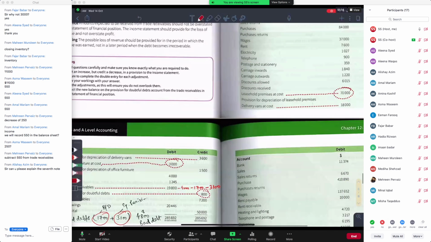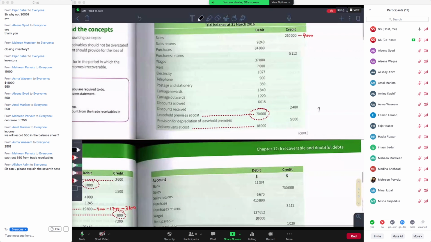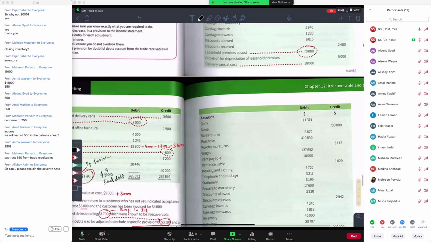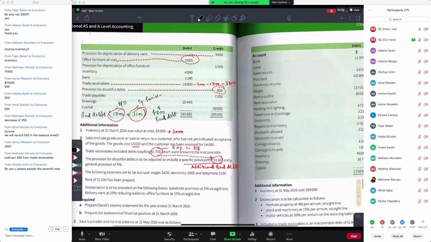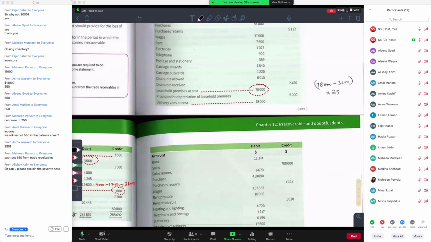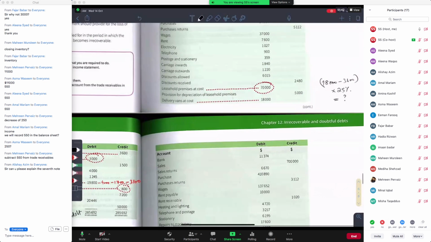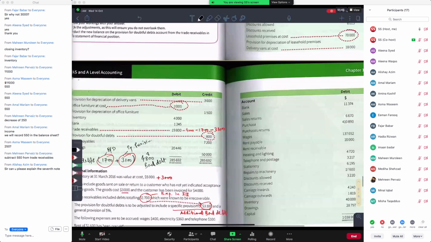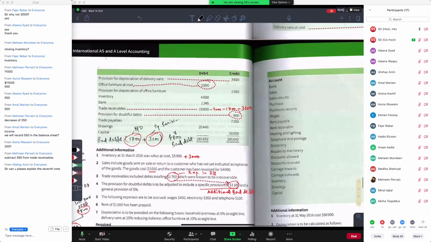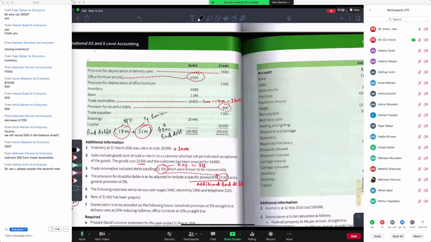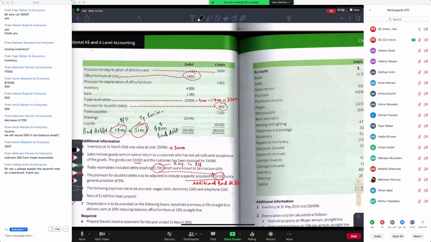So how will we calculate the depreciation of the delivery vans? $18,000 subtracted by the net book value, which is $3,600, and then we calculate the depreciation at 25%. Whereas for premises and furniture, we simply take 5% or 10% of their respective costs. Do you understand, Alicia? Okay, good.